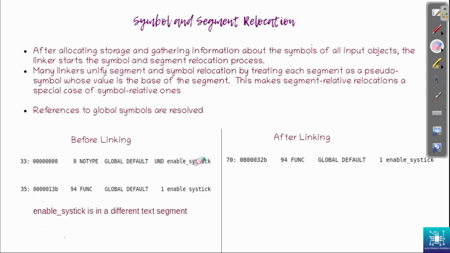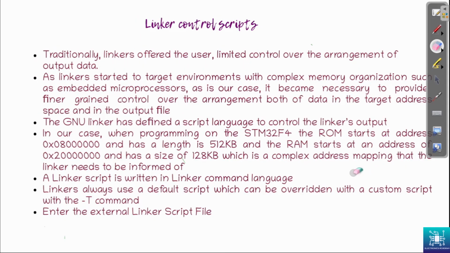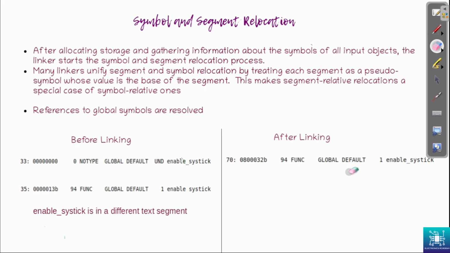These are from two separate functions. It's in a different text segment, and after linking, enable sysdig is actually fixed. This is also done, and this is a function, and this is undefined, no type.